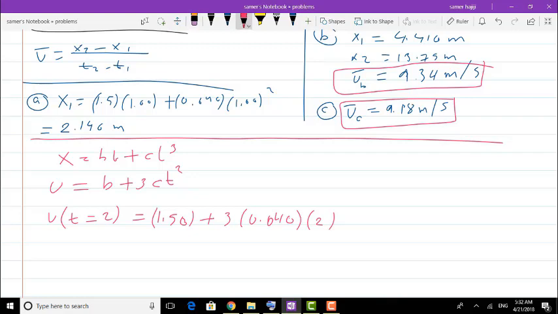Calculating this, we get 9.18 meters per second.